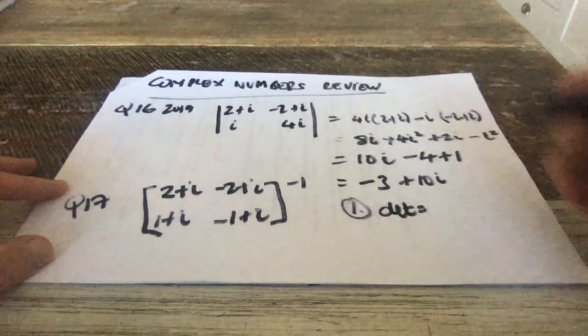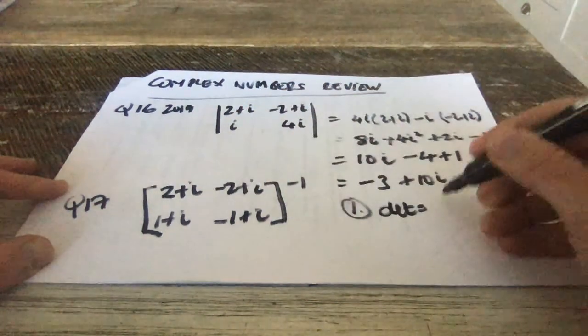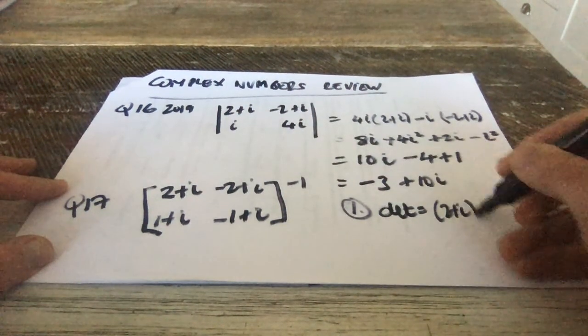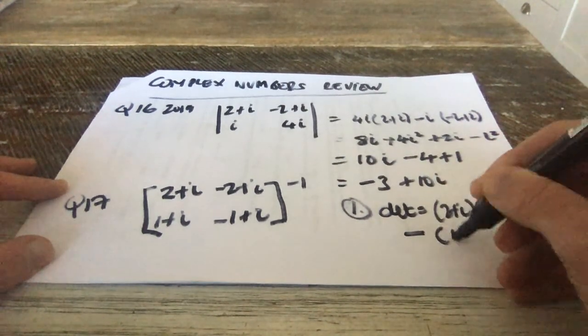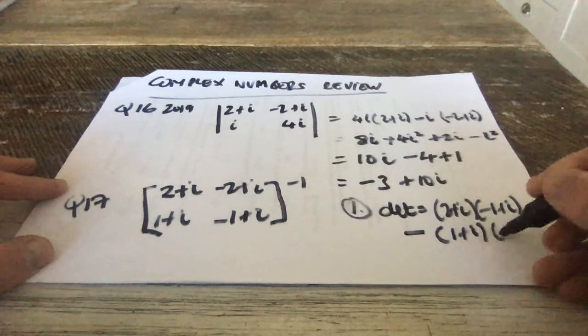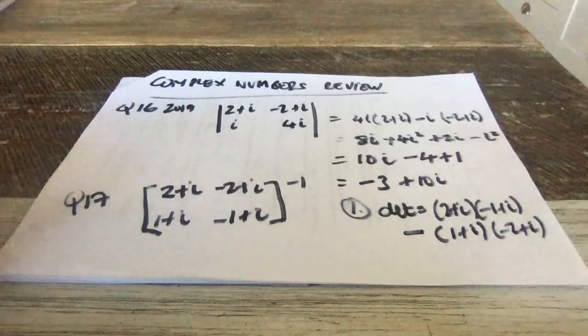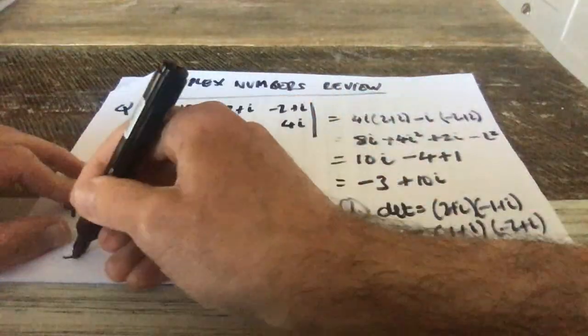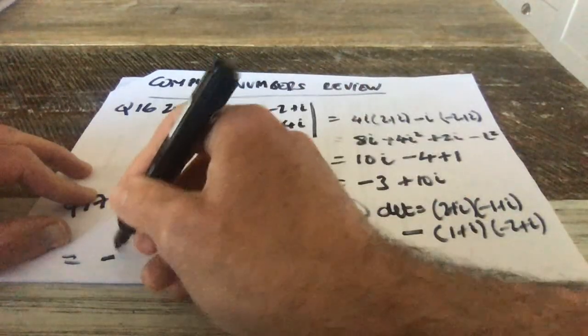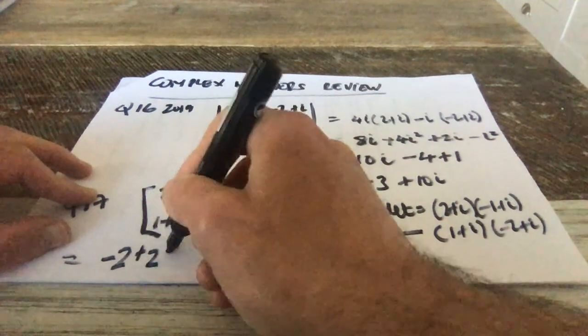So it's the same as question 16. Basically, it's this by this. So it's 2 plus i by minus 1 plus i, minus 1 plus i by minus 2 plus i. So it's a little bit involved, but not too bad. So when you multiply the first one out there, you get minus 2 plus 2i.